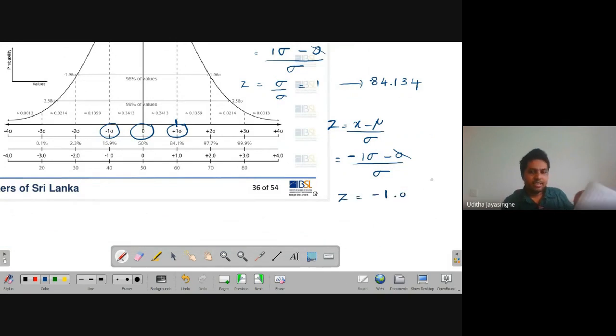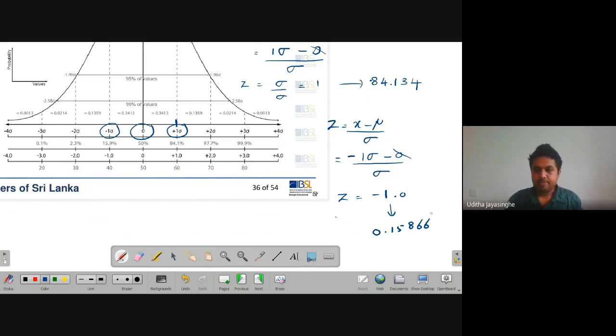Again, I'm using the same table, going into the negative territory. For negative 1, from the tables, I'm going to get a value of 0.15866.